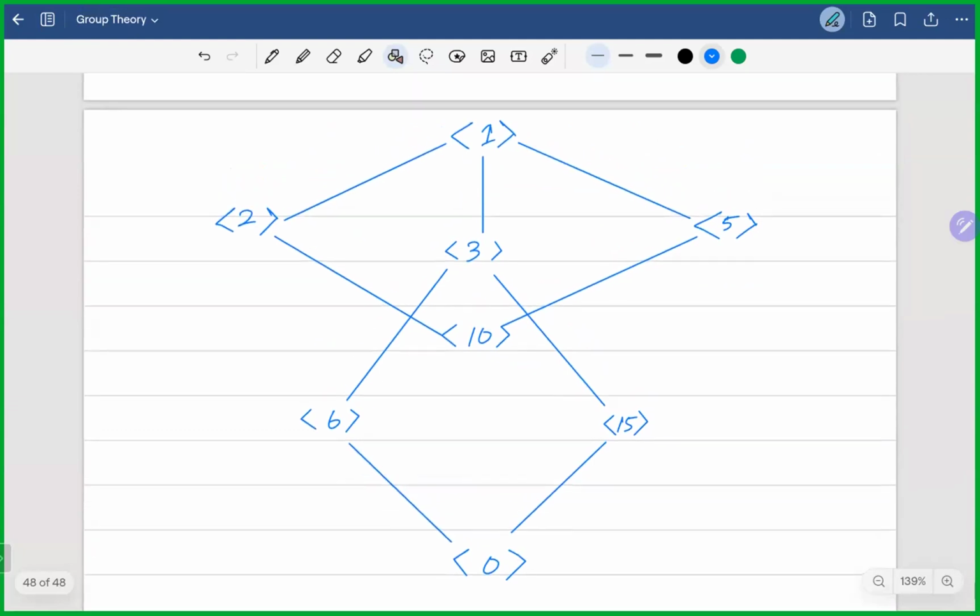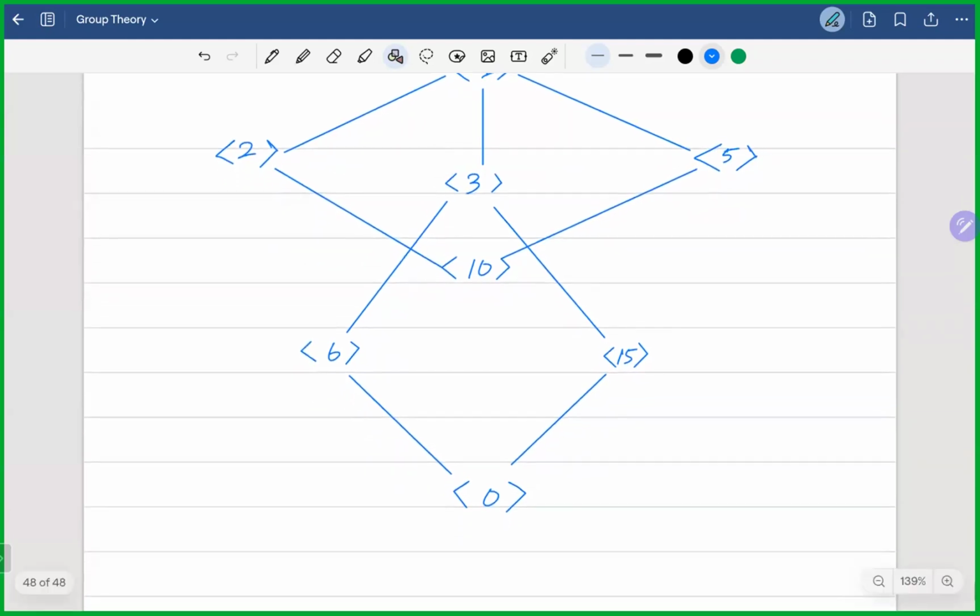So 1 contains 2, 5, 3, but it also contains all of the others. So 2 contains the subgroup generated by the element 10, and 5 also contains that. 3 contains the subgroup generated by 15 and 6. 15 and 6 contain the subgroup generated by 0.